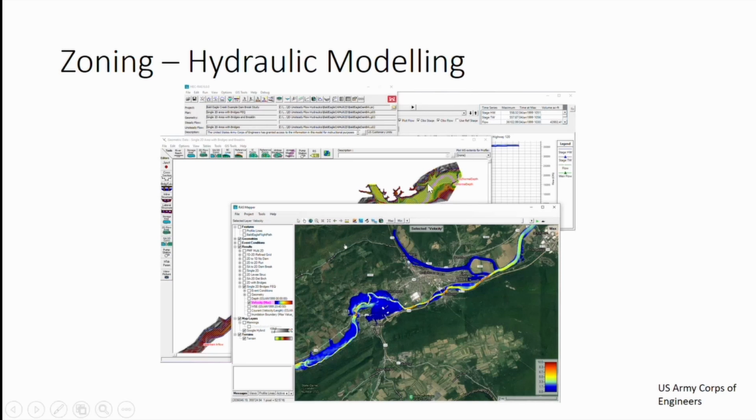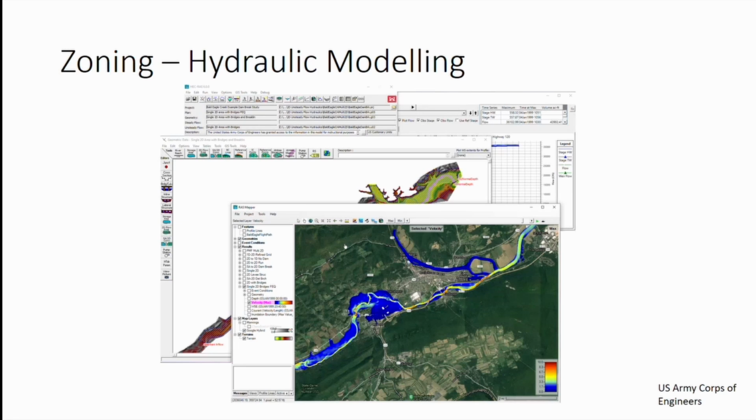And once that event is solved throughout your study area, the result of that is an inundation map where we can easily see where velocities are very high and also the extent of the flood beyond the banks of the river.